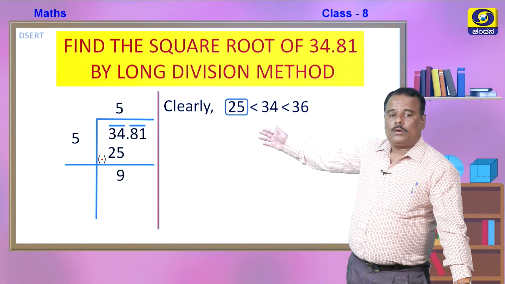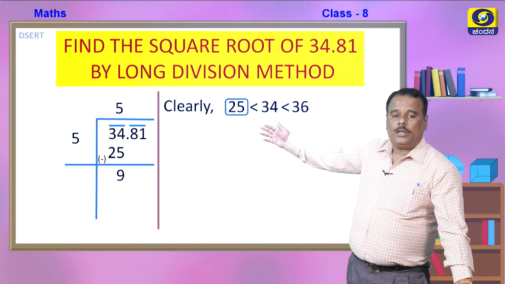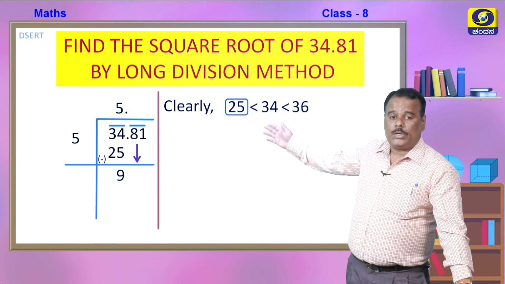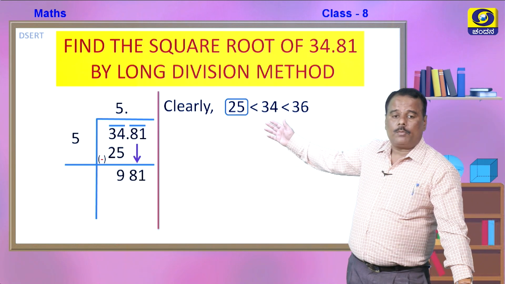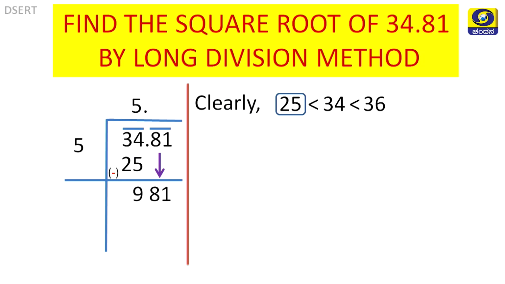Now, here one more important thing, before we write the next group after 9, there is a point. So, that point we should keep in the quotient, then only we can write the next group, that is 81. So, please keep this in your mind when you are finding the square root of a decimal number which is a square of another decimal number.